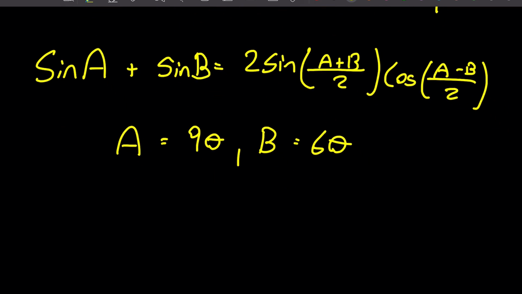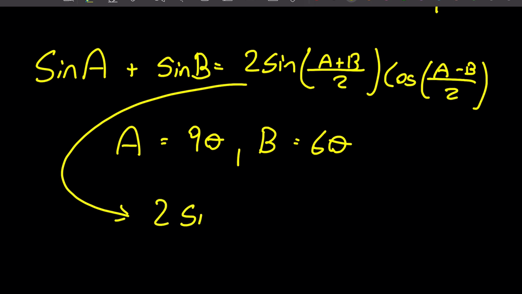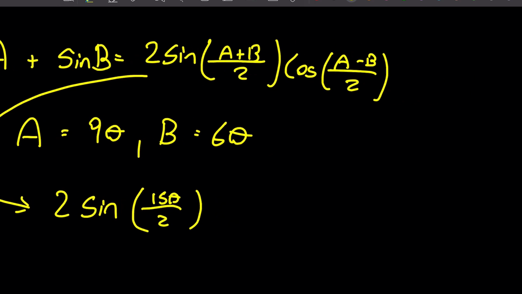So on the right hand side, continuing, we're going to have 2 times sine of a, which is 9 theta, plus b, which is 6 theta. So I'll just do this. It's going to be 15 theta over 2 times cos of a, which is 9 theta, minus 6 theta, which is going to be cos of 3 theta over 2.